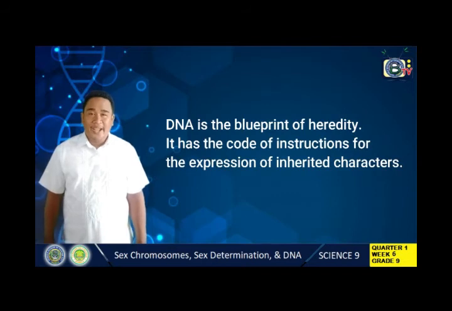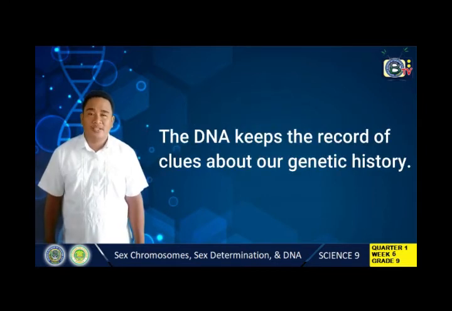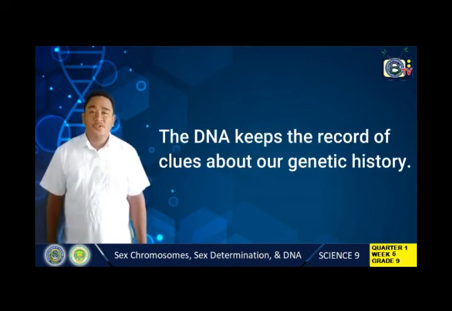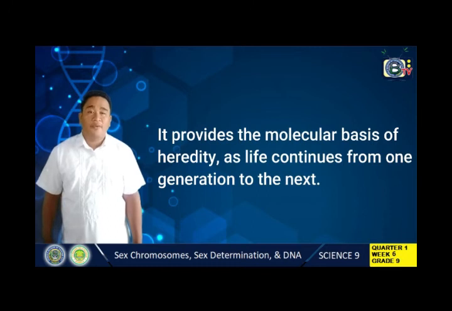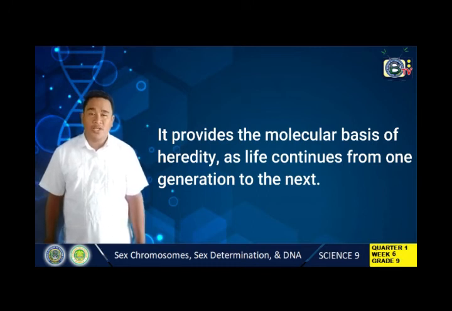DNA is the blueprint of heredity. It has the code of instructions for the expression of inherited characters. The DNA keeps the record of clues about our genetic history. It provides the molecular basis of heredity as life continues from one generation to the next.